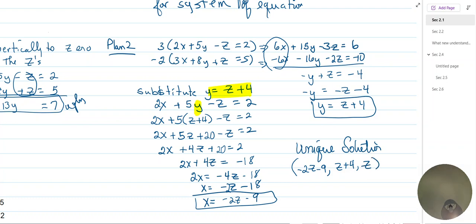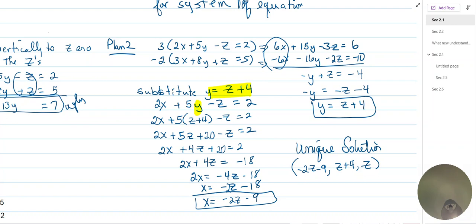Now, we have to determine what z can be. Now, we know in this case that it has to be a dependent variable, and x and y referred to in terms of the z.